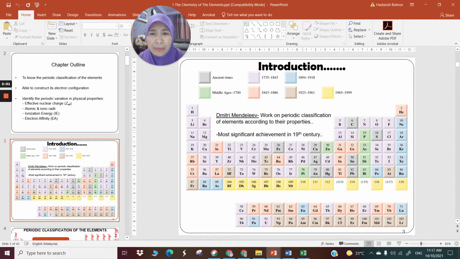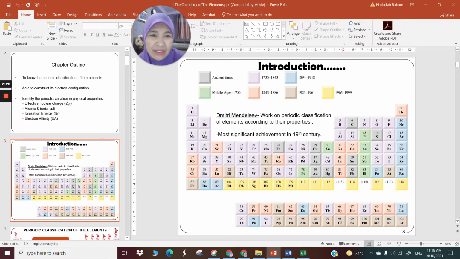As elements are discovered by scientists, they investigate the properties, and Mendeleev had tried to classify those elements according to their properties. And this is the most significant achievement in chemistry in the 19th century.